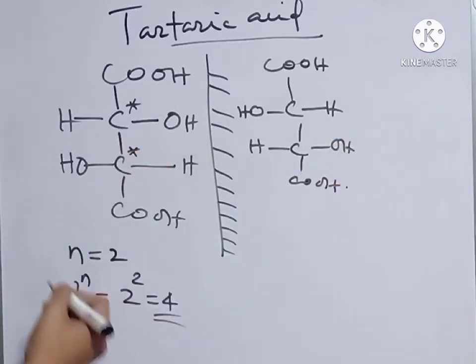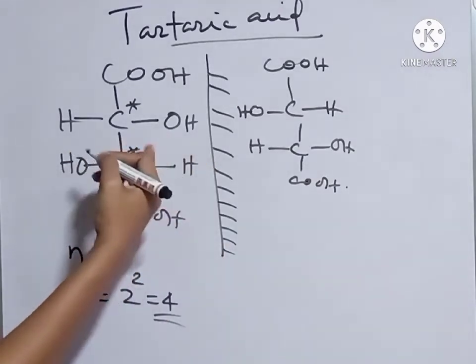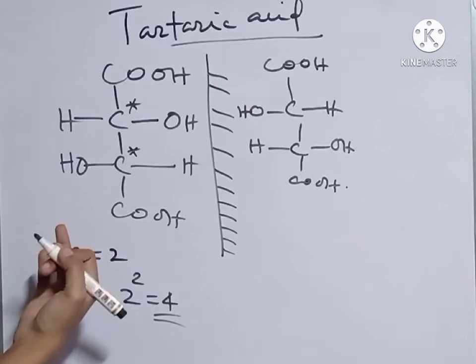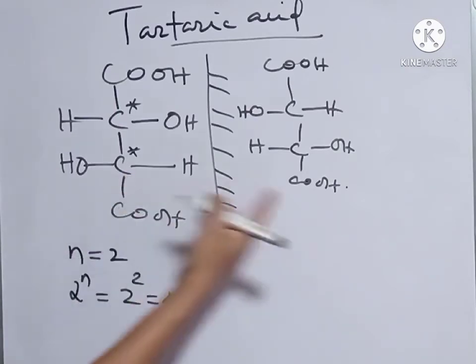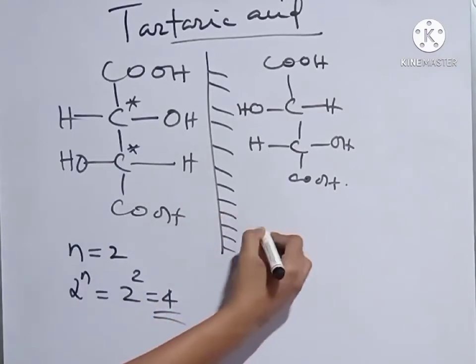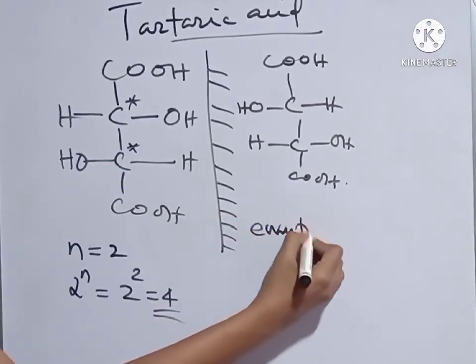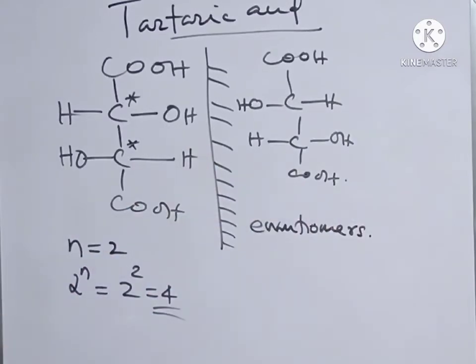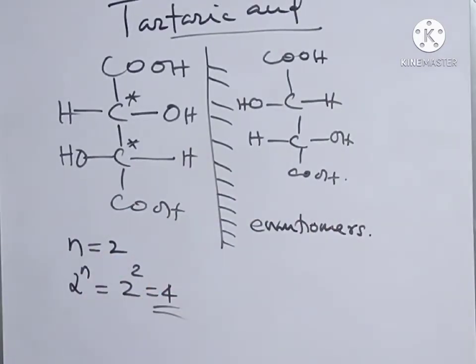This will be the mirror image of this compound. This is the second stereoisomer. And these two structures are related as enantiomers. These two are enantiomers. What will be the next stereoisomer?